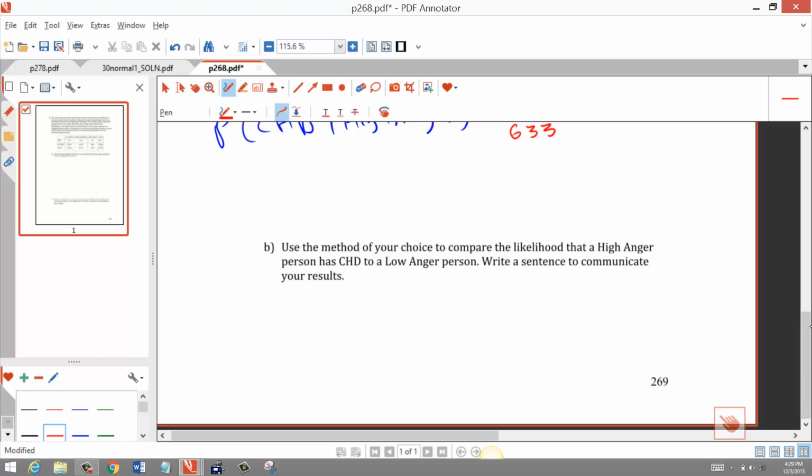Use the method of your choice. So for high anger versus low anger, I like to do times more likely. So high anger people is 4.2% divided by the low anger people at 1.7%. That equals 2.47.